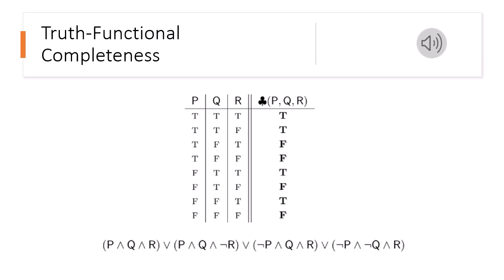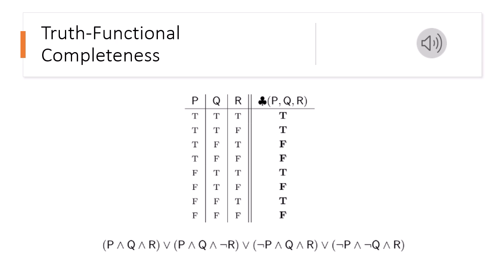I mean, we could simulate this strange club connective, and remember, this is if, then, else, via this complex sentence that we see down below. Now, there's a systematic way of constructing that particular sentence, and that'll essentially be the proof that conjunction, disjunction, and negation are truth-functionally complete.